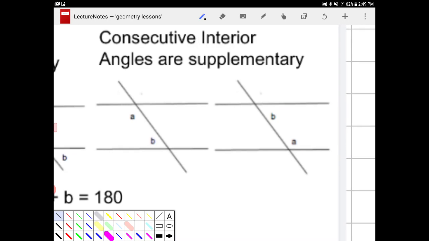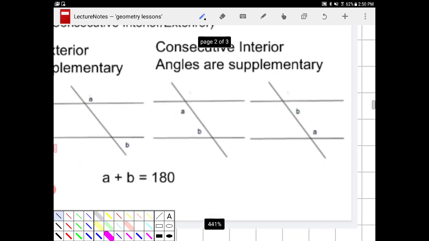Alternatively, angles A and B can also be positioned on the interior of the parallel lines. In this case, angle A and angle B are supplementary, and they are inside, in between the two parallel lines. We refer to this as consecutive interior angles being supplementary.